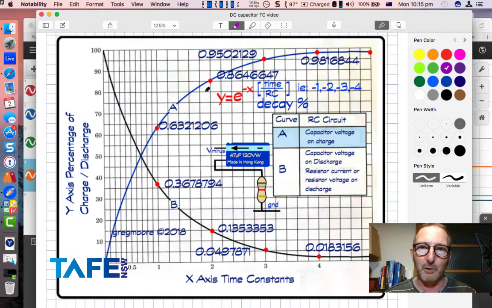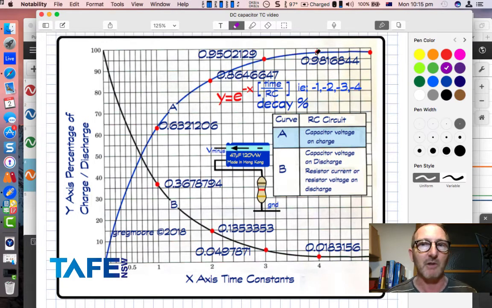A, which is the blue curve here, and this video is purely for capacitors, is capacitor voltage on charge. The voltage is increasing exponentially, and that's called the first time constant, number one. Second time constant is here. Third time constant is here.